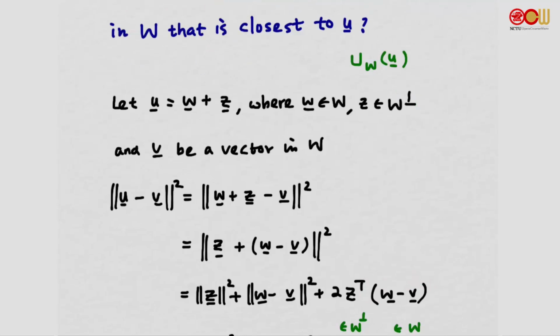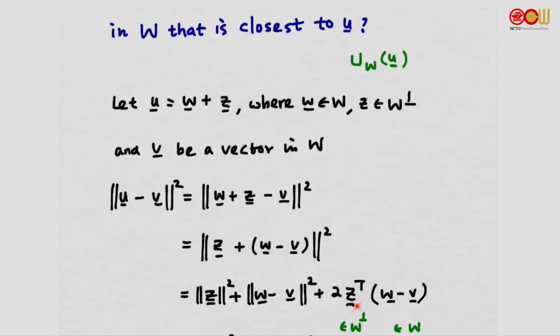Let's take a close look at this dot product. This z vector, we know it's in W perp. How about this w minus v vector? w is a vector in W, and v is an arbitrary vector in W, so their difference is in W because W is a subspace. So this vector is in W and this vector is in W perp.